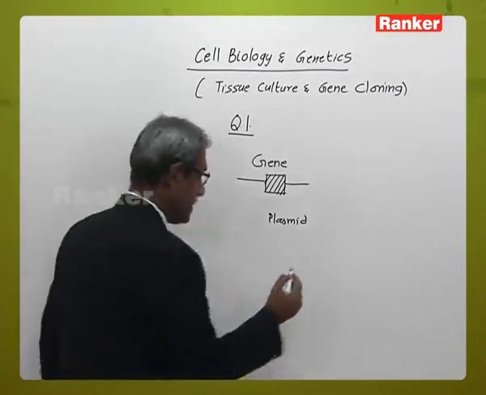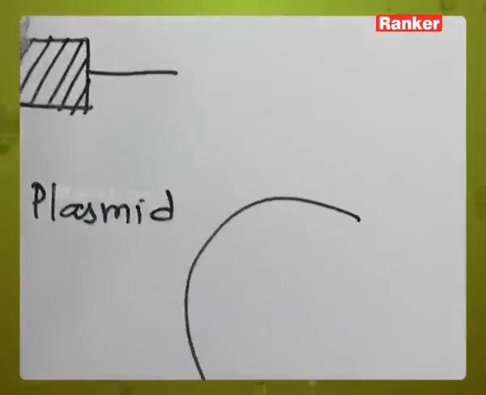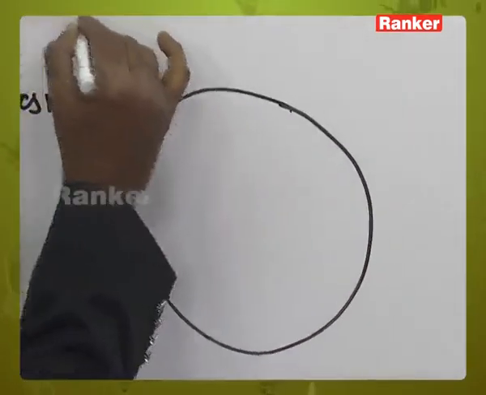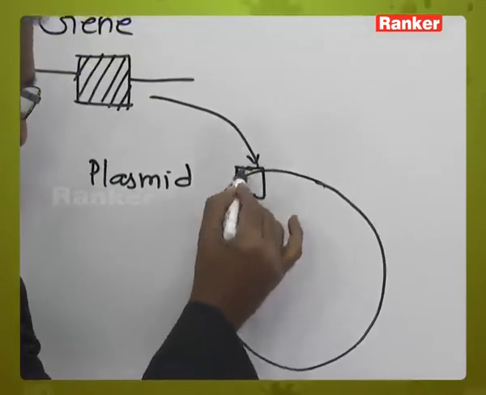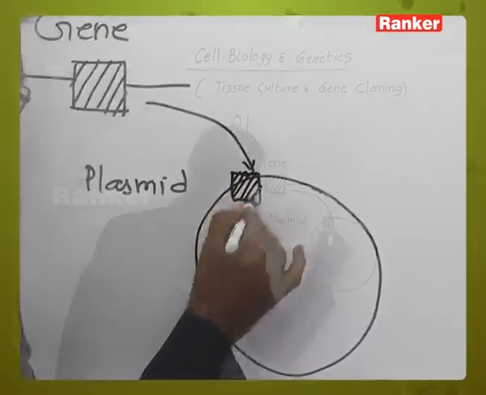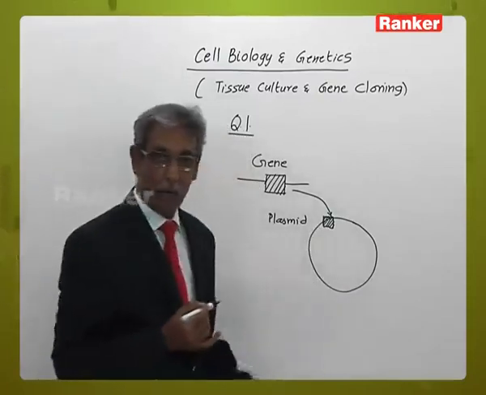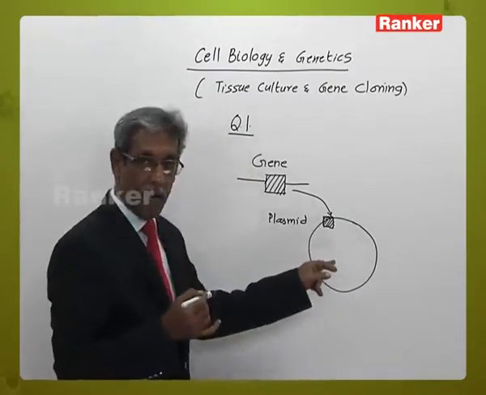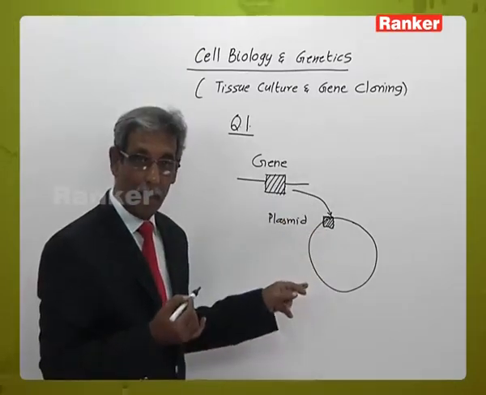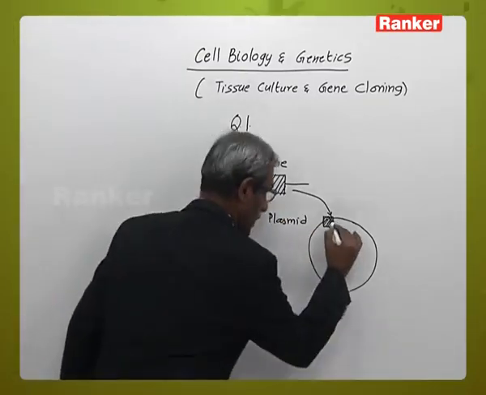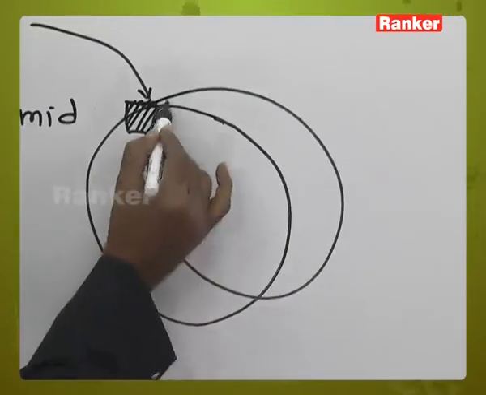A plasmid is a circular molecule, and you are taking your gene of interest and placing it into the circular molecule. When you are loading it into a vector, the plasmid is capable of independent replication. It is capable of making multiple copies.